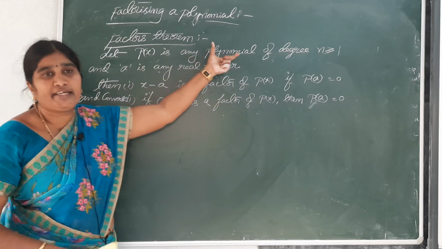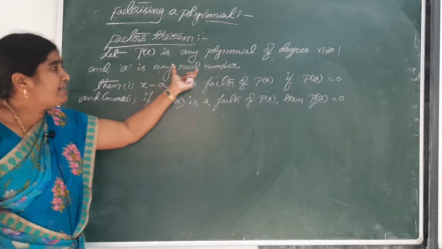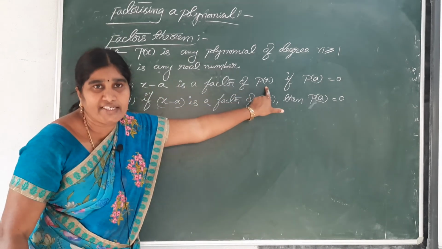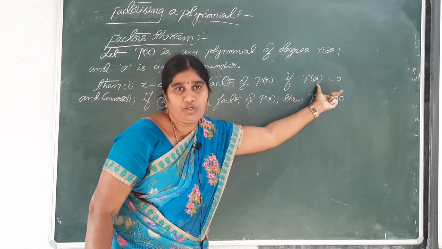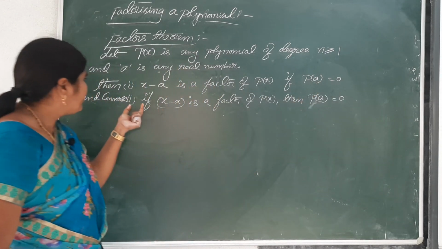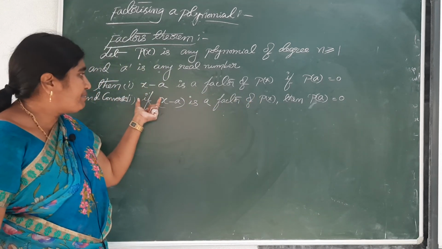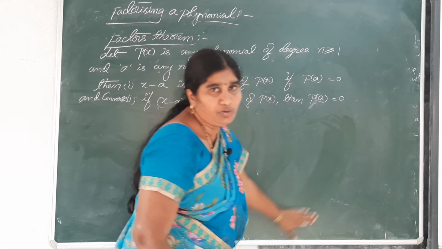That is, p of x is any polynomial of degree greater than or equal to 1, a is any real number. If x minus a is a factor of p of x, then the remainder equal to 0.